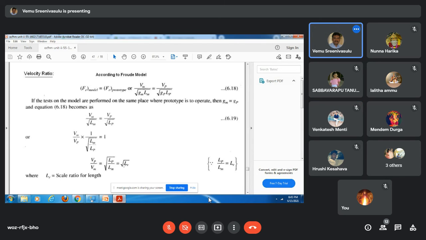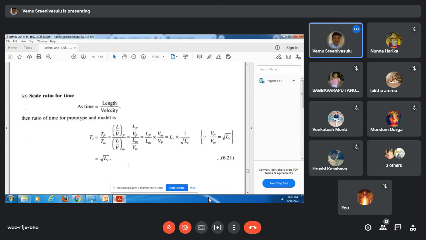So the velocity ratio of prototype to the model is equal to square root of the scale ratio for length. Okay. Similarly, for time it is equal to square root of LR. So this is also the time ratio.